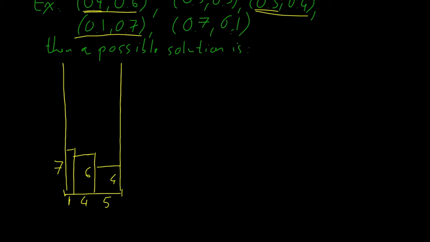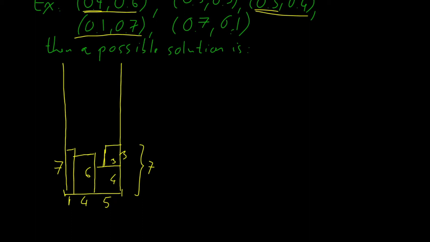And then there are only 2 rectangles left, and a possible solution is just to put here the box having width 0.3 and also height 0.3, and then here we also have a height of 7.